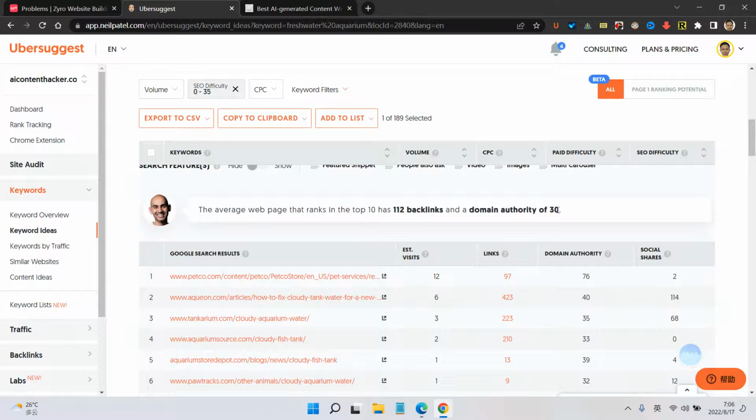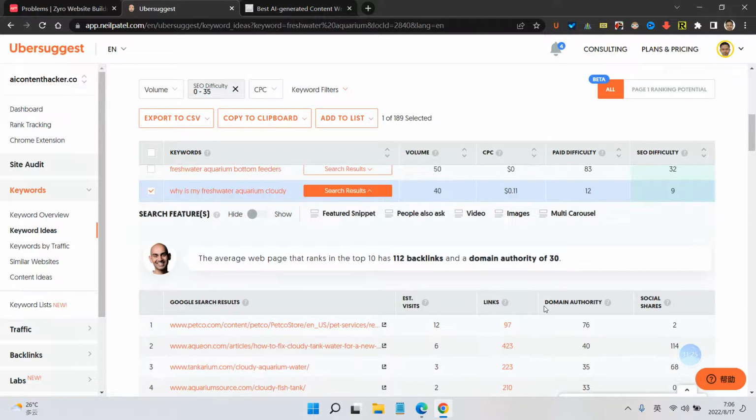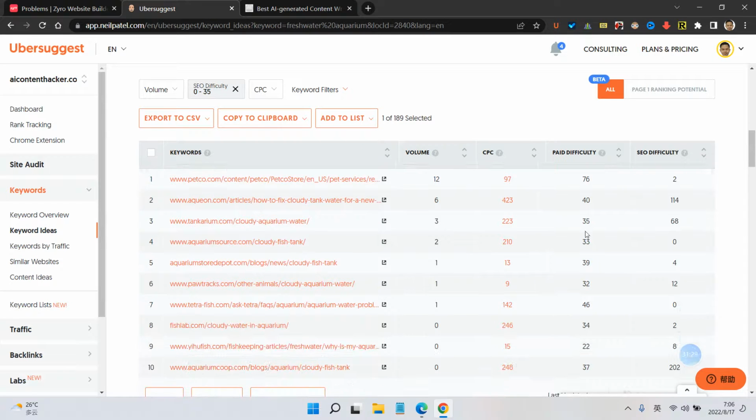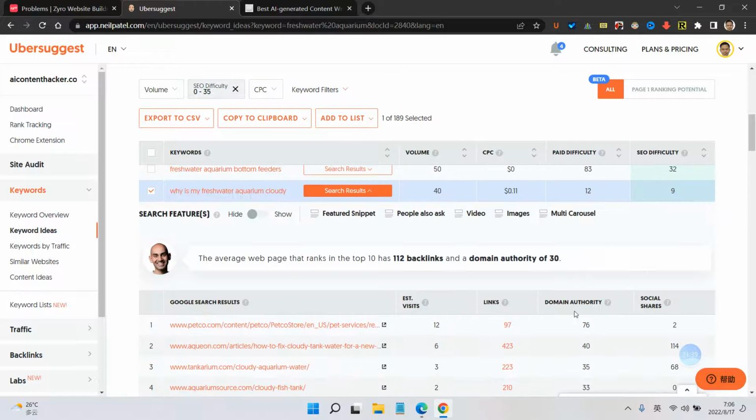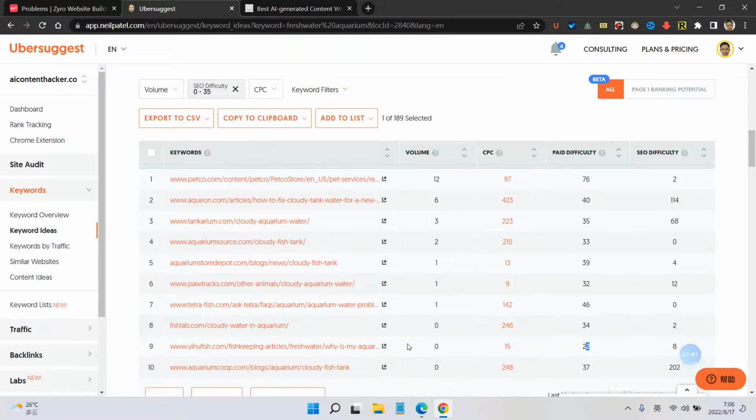Now we can see a domain authority of 30. Under 35 will be easy for us. So most of them are like 35, 33, 39, 32, 34, 20. Even a domain authority of 22 can rank for this keyword. So maybe there should be a chance.